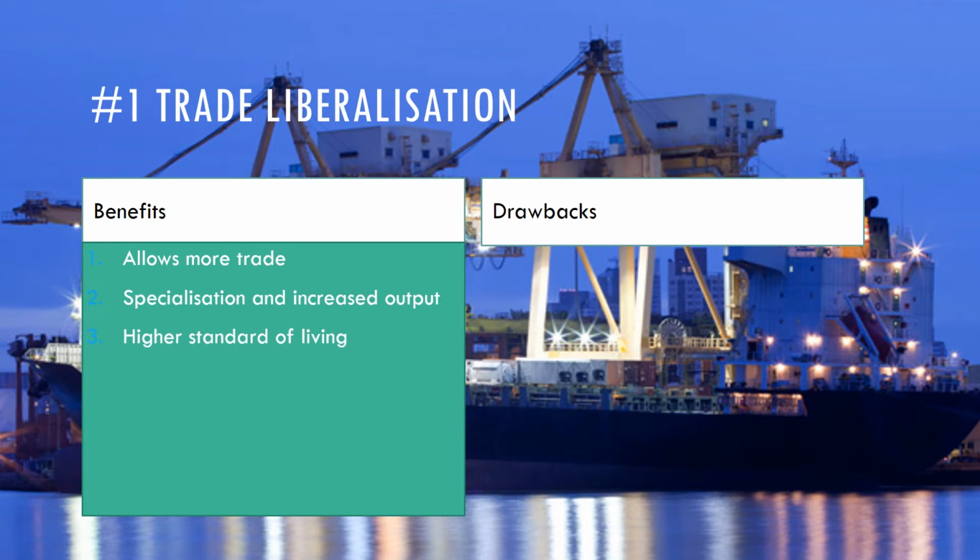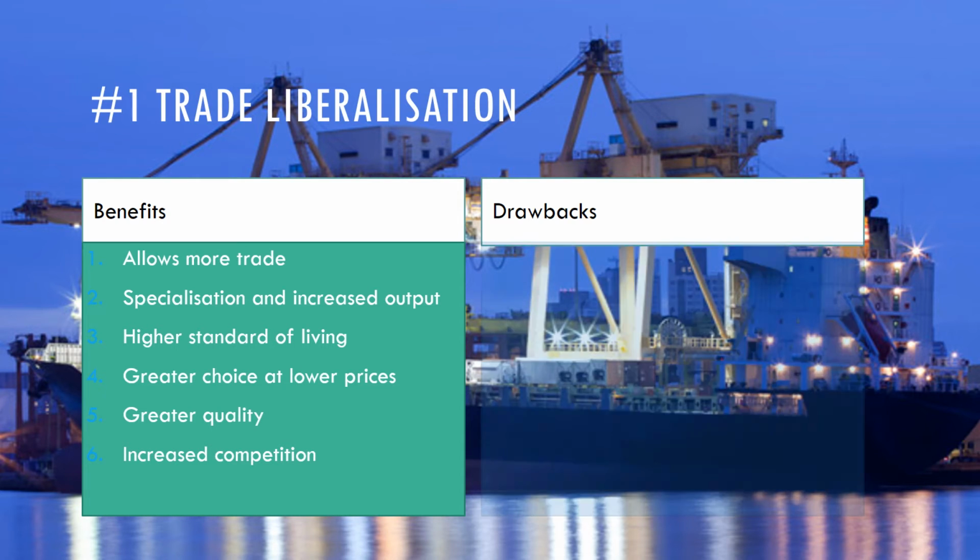If there's more stuff to go around, then you might argue there'd be a higher standard of living, and therefore also a greater choice for people as they can buy from different countries, and if they are more efficient, then at lower prices. Perhaps greater quality products, and increased competition within markets.